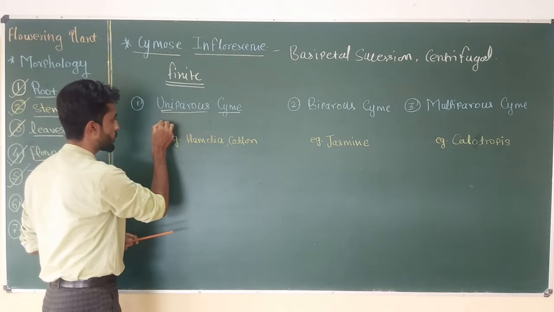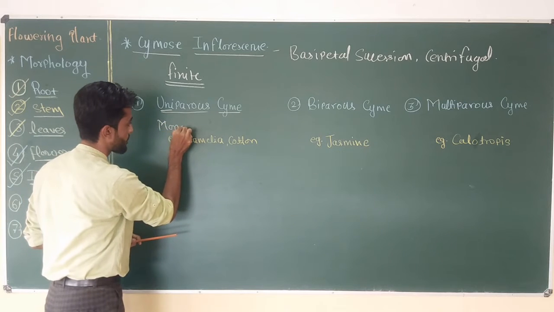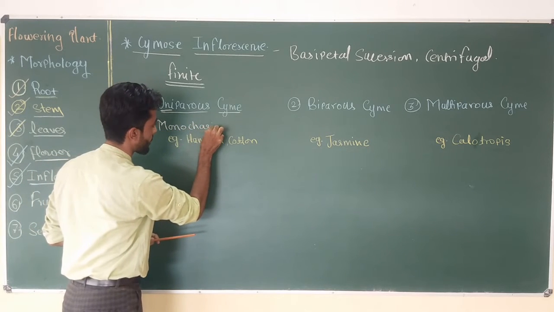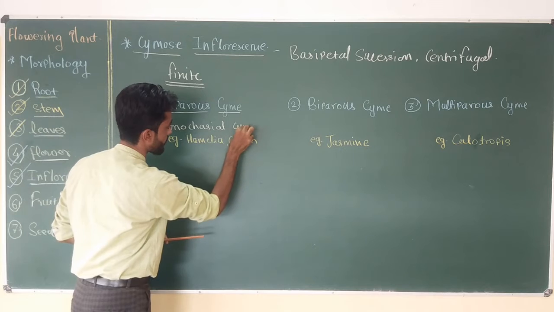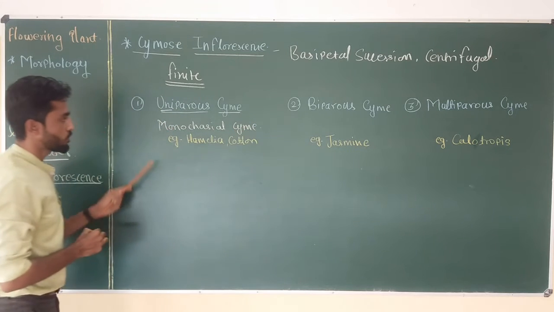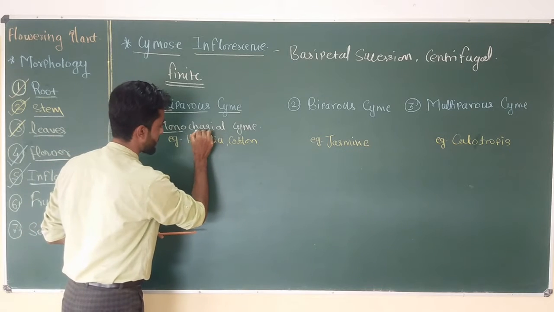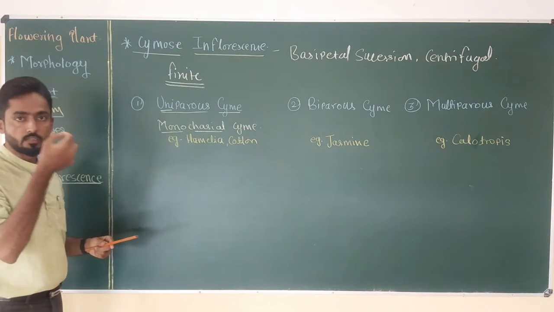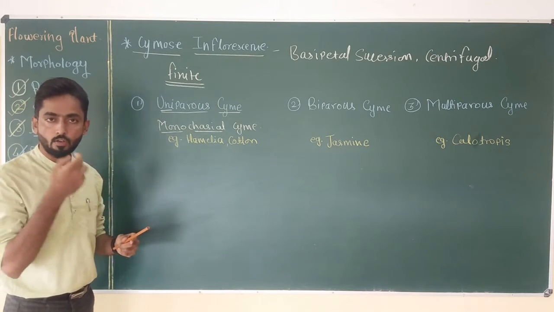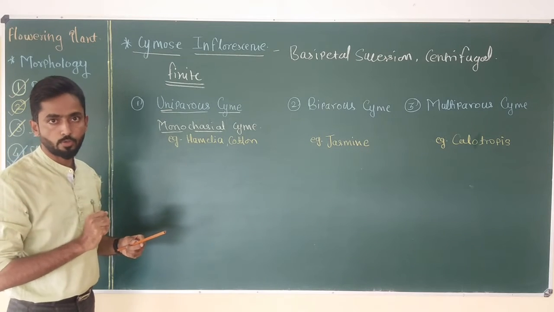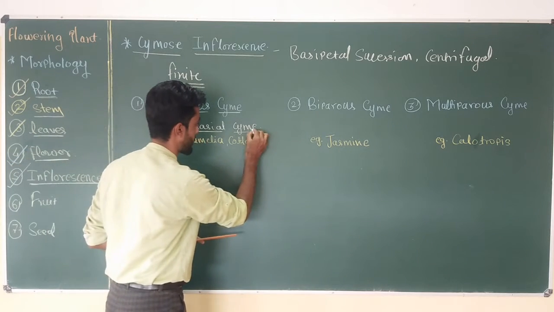This inflorescence is also known as monochasial. What is monochasial? The meaning remains the same. Mono means single, and chasial means the branch. A single branch develops, and on each branch a single flower is going to be produced. So it is called monochasial cyme.